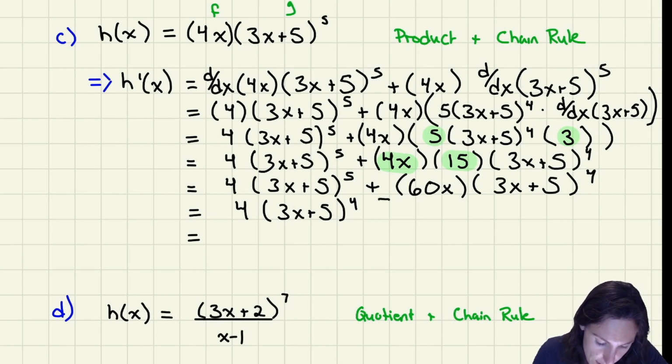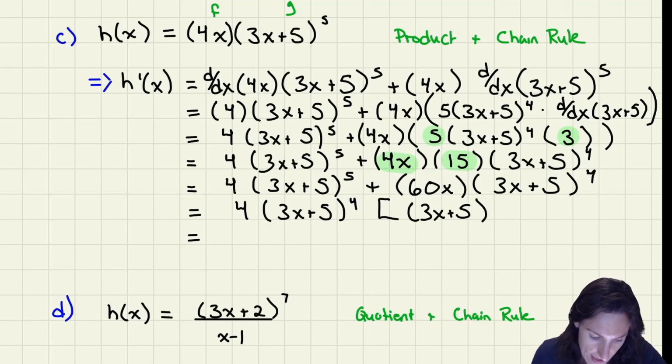Okay, so the very first term here, the only thing that's left over is one of these factors, 3x plus 5. And then for the second term, the 4 has been factored out, and I'm just left with 15x.